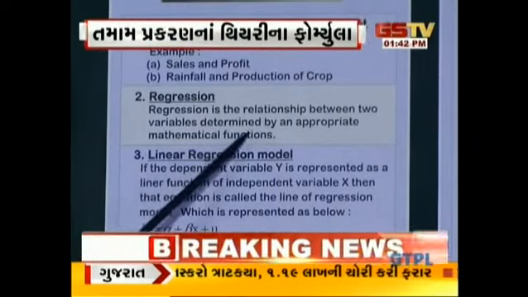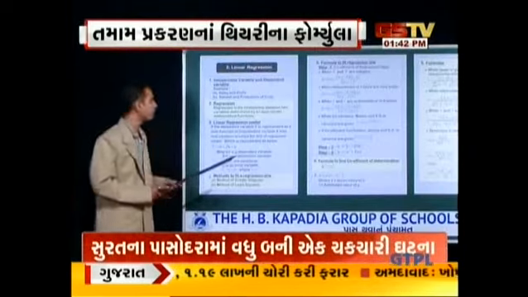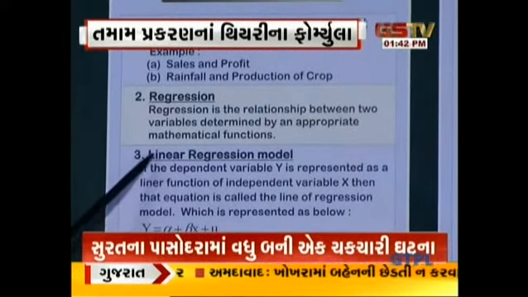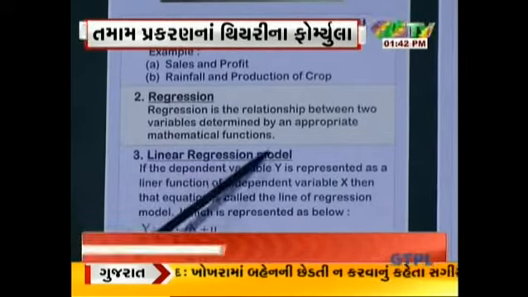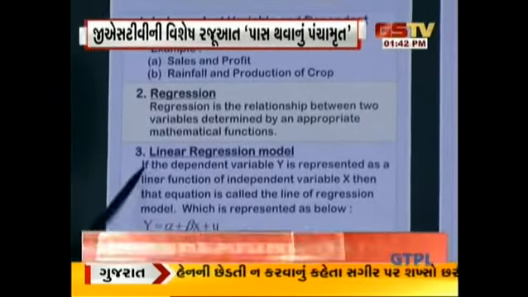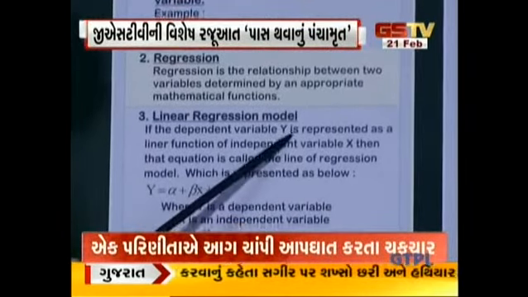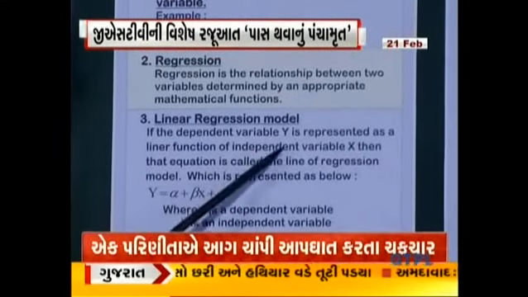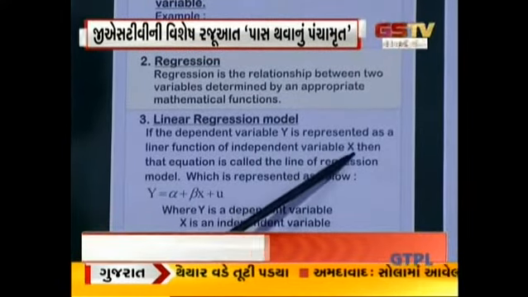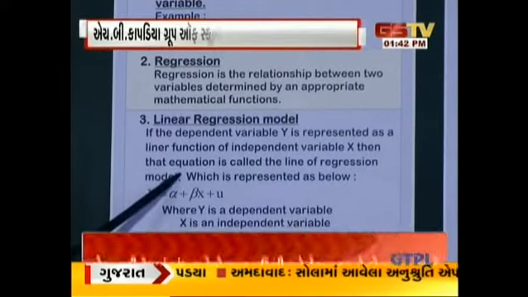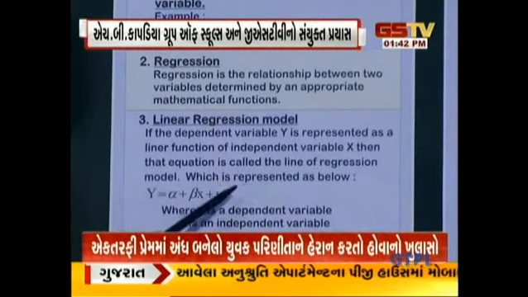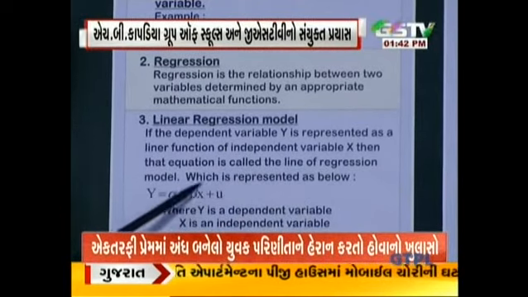This mathematical function is also called a regression model. So now see here the meaning of linear regression model. If the dependent variable y is represented as a linear function of an independent variable x, then that equation is called the line of regression model, which is represented as follows.